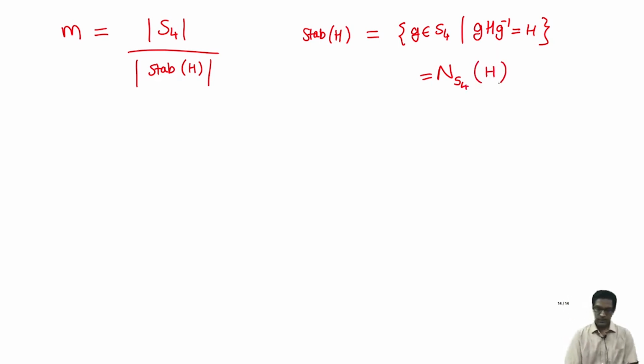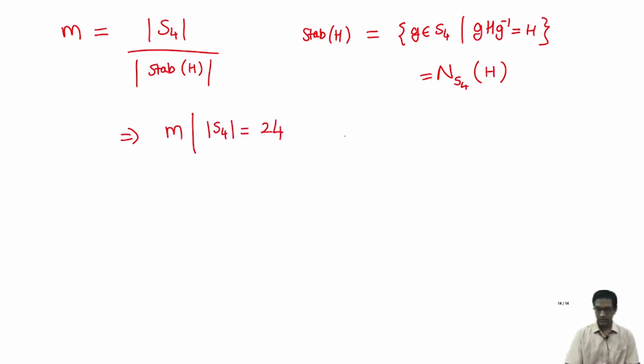So this number M must divide the cardinality of S4, because it's S4 divided by something. In other words, M must divide 24.